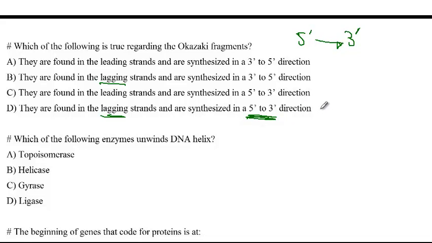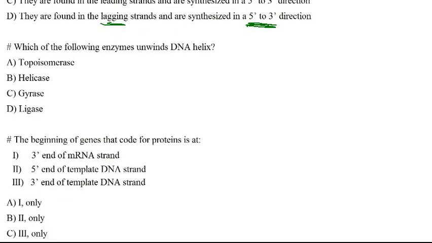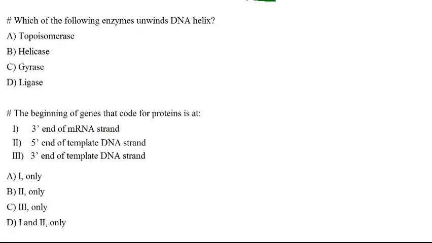So again, I don't want you to be confused. Both the leading and lagging strands and mRNA transcription, everything is in the 5' to 3' direction, meaning that new nucleotides can only be added at the 3' end. All right, the next question is, which of the following enzymes unwinds DNA helix?